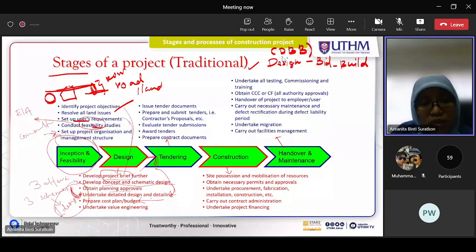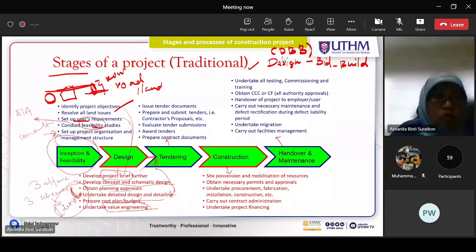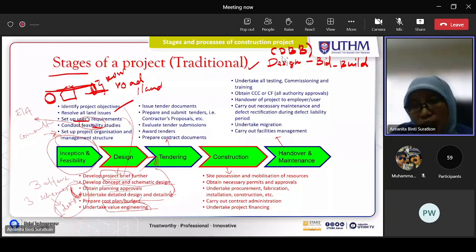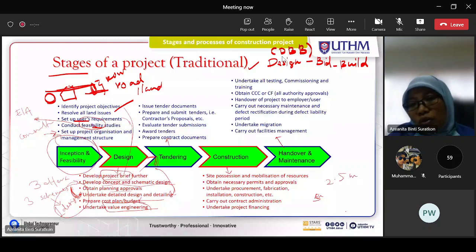One more stage here, which is very important: undertake value engineering. So what is value engineering here? For example, the normal ceiling height in a room is 2.5 meters, the height from floor to ceiling.